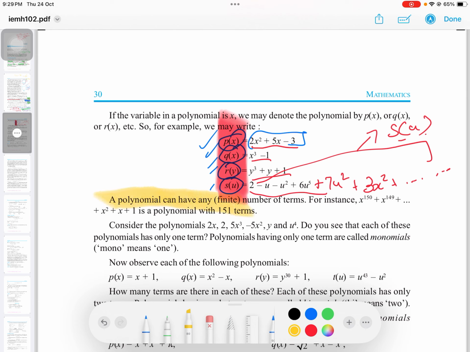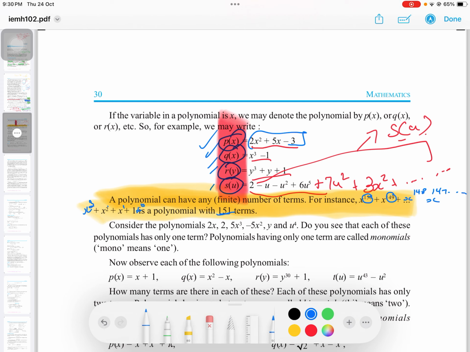A polynomial can have finite number of terms, infinite number of terms இருக்காது. இப்போ நீங்கள் நோட் பண்ணி பாருங்கள். இதுக்கு பவர் 150 இருக்குது, 149 இருக்குது, அப்போ ஒவ்வொரு x-உம் 148, 147 அப்படியே 0 வரைக்கும், x power 3, 2, 1 and x power 0 வரைக்கும் போகும். ஸோ it has 151 terms. ஆனால் it can never be infinity.